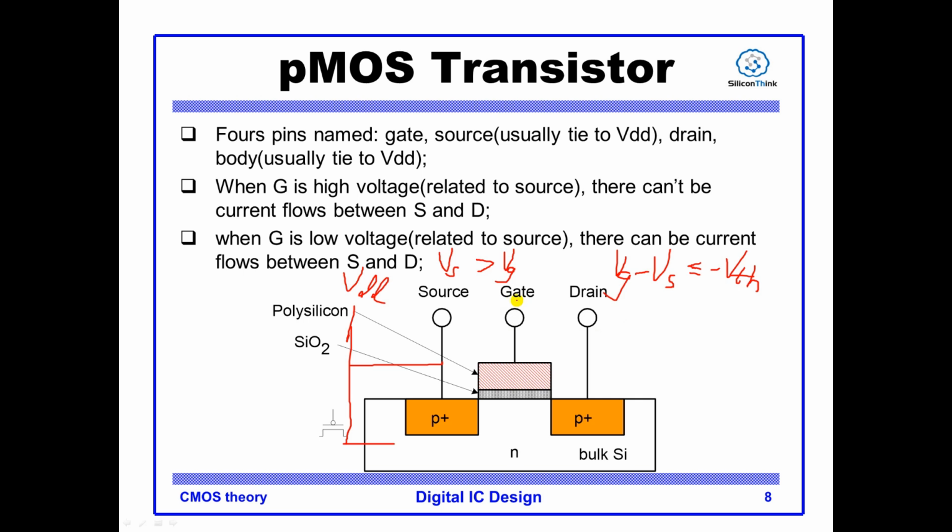The voltage on the gate pin should be lower than the voltage on the source pin by the threshold. And if the condition is true, and the voltage on source is greater than the voltage on drain, there will be current flow from source to drain.